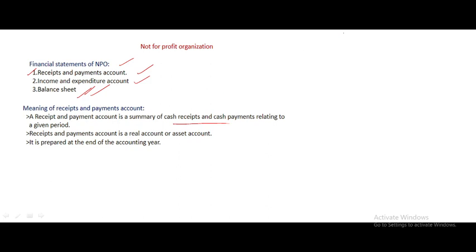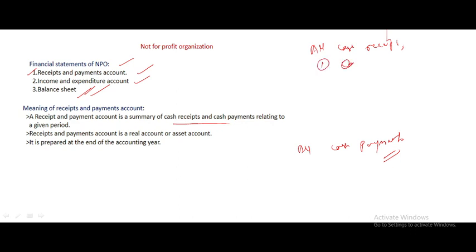All cash receipts and all cash payments are recorded in receipts and payment account. So receipts and payment account is a summary of all cash receipts and all cash payments relating to a given period.